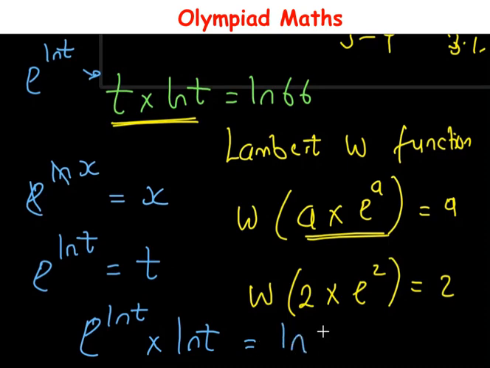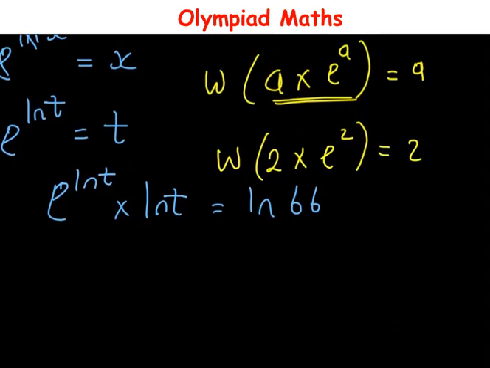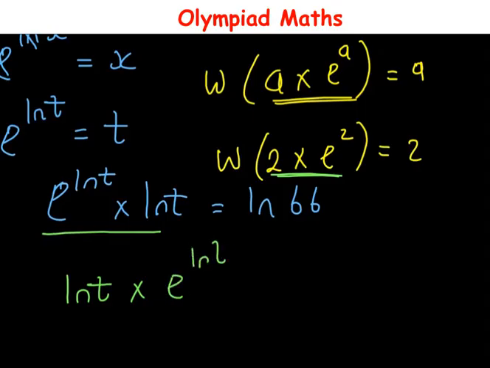Now if you look at this expression and compare it to the earlier form, you will see that e is in the second place, but here e is in the first place. So move e to stay in the second place. This becomes ln t times e raised to power ln t is equal to ln 66.